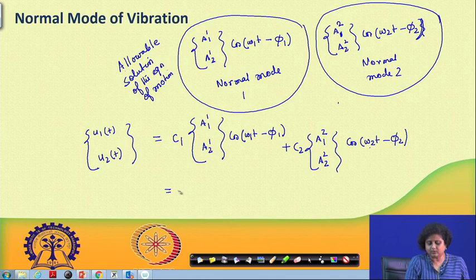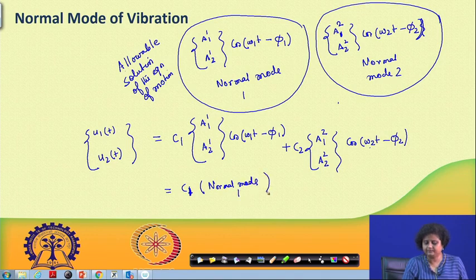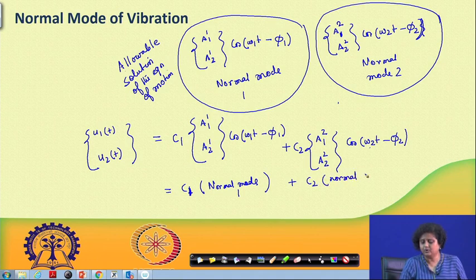Therefore, this can also be said as C1 into normal mode 1, and this is C2 into normal mode 2.